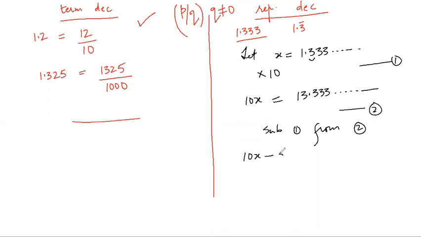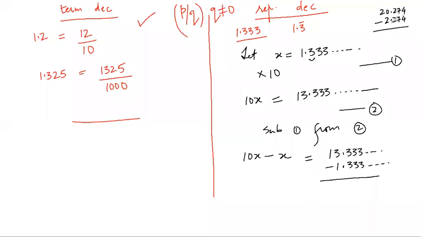10x minus x is equal to 13.333 till infinity minus 1.333 till infinity. Very interesting. And now this right side decimal part is same. It cancels out. Just like if I want to subtract 20.274 minus 2.274, I can say this decimal part is gone.